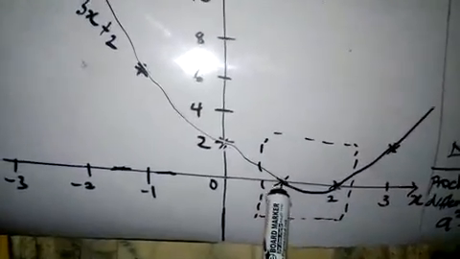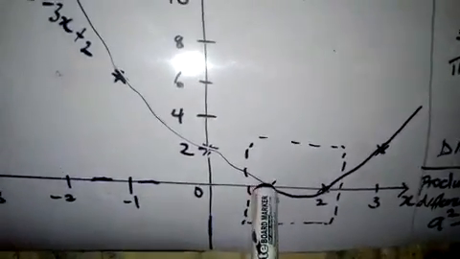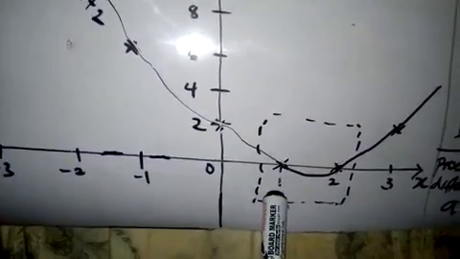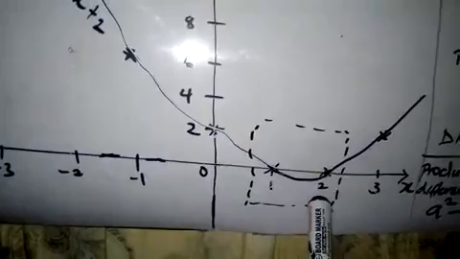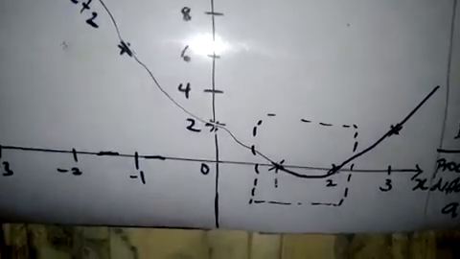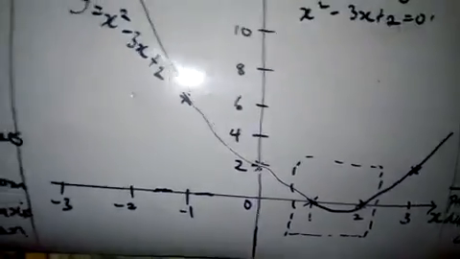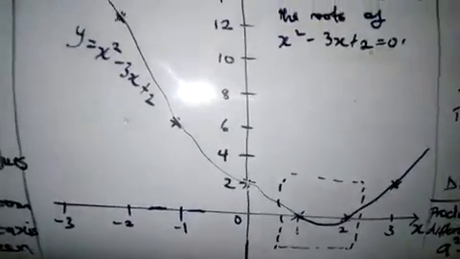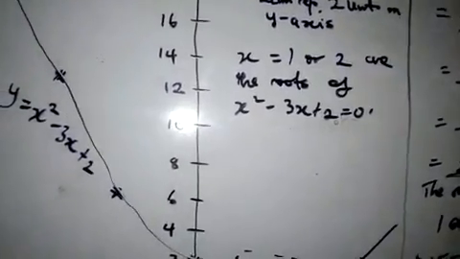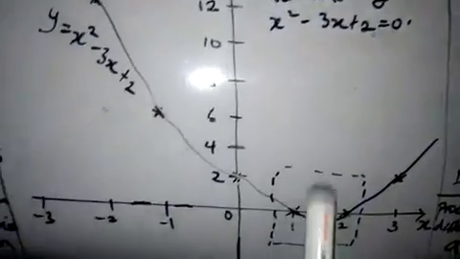The values we are looking for will be the values on the x-axis. On the x-axis, what's the value where this line cuts? It cuts at 1. And where does it cut next? It cuts at 2. That gives the values for that quadratic equation. Therefore, the roots of x squared minus 3x plus 2 are 1 and 2.